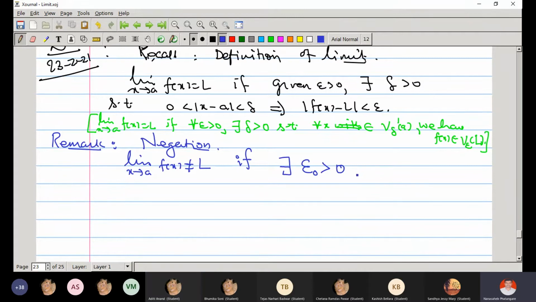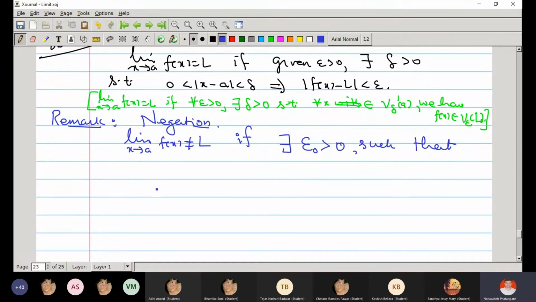So for this epsilon and for every delta, or let me write it in words: there is an epsilon such that there is no delta, such that for every delta. There is an epsilon for which no delta works, meaning if you choose any delta, that delta fails.